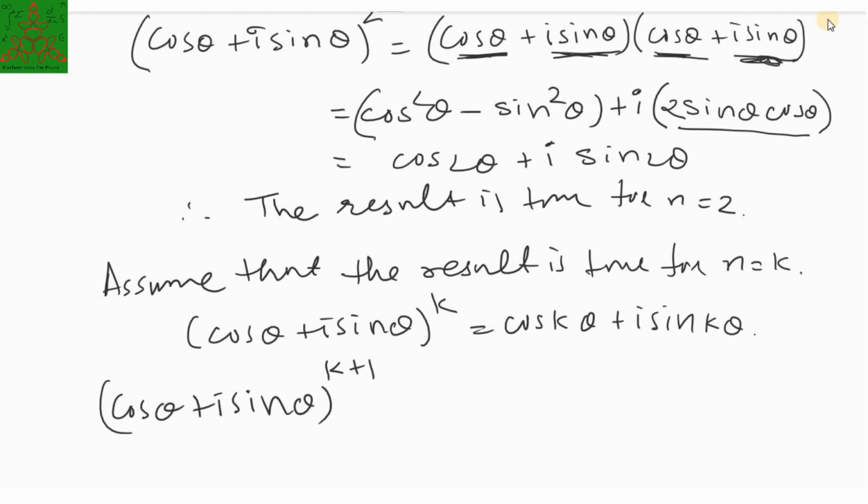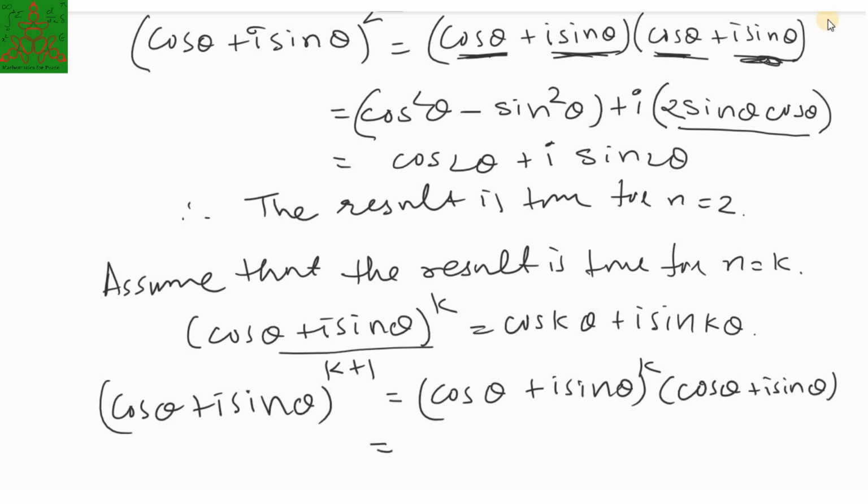That means we need to prove that the result is true for k plus 1. So we can write this as (cos theta plus i sin theta) raised to k into (cos theta plus i sin theta).